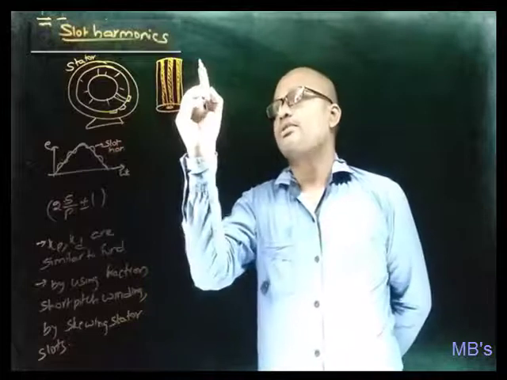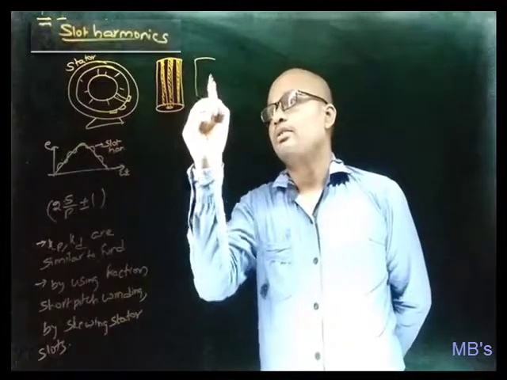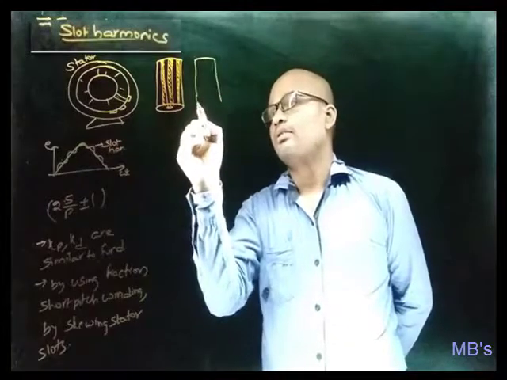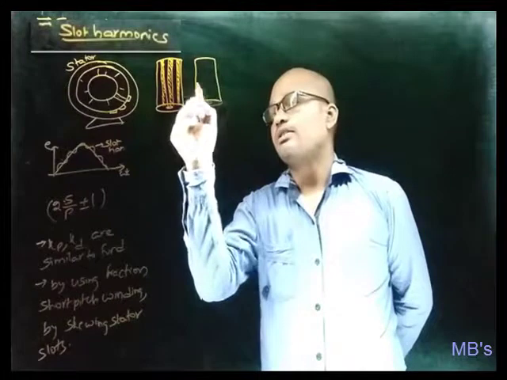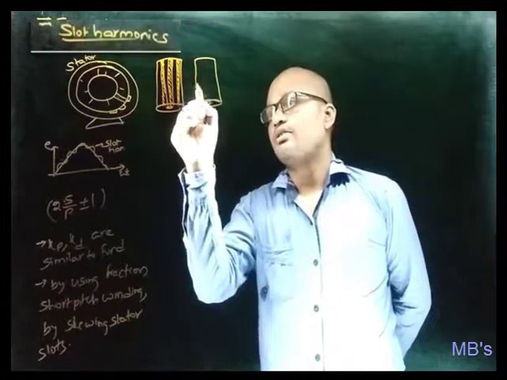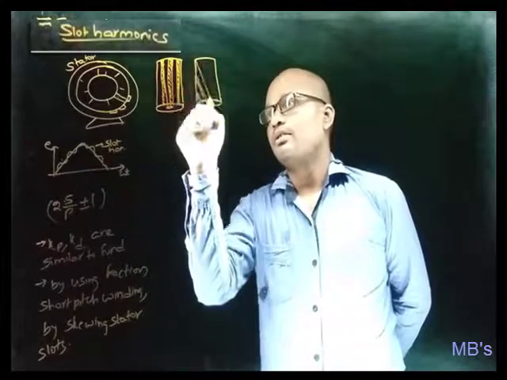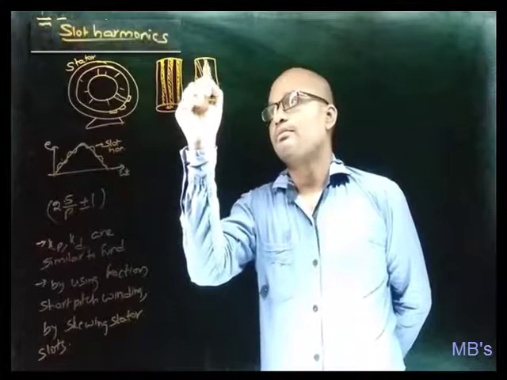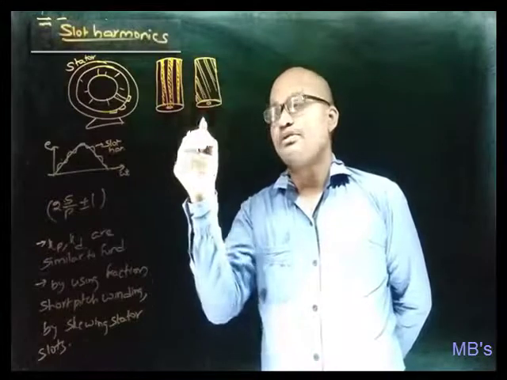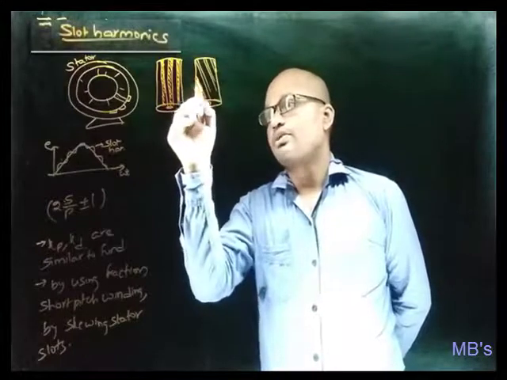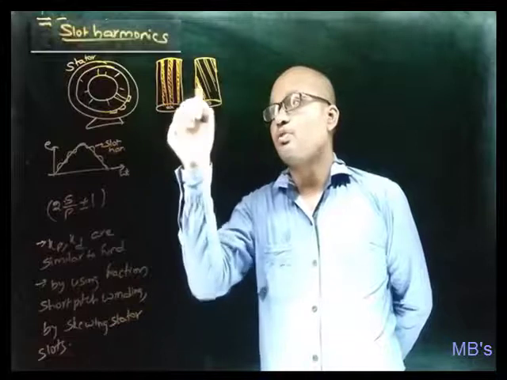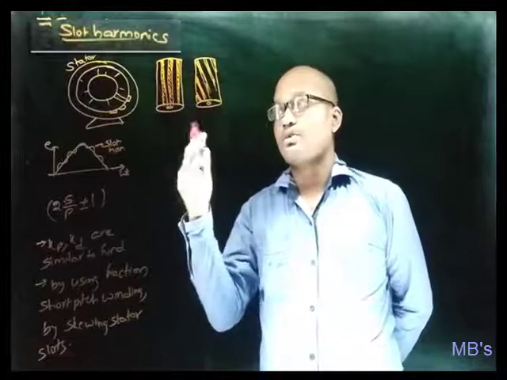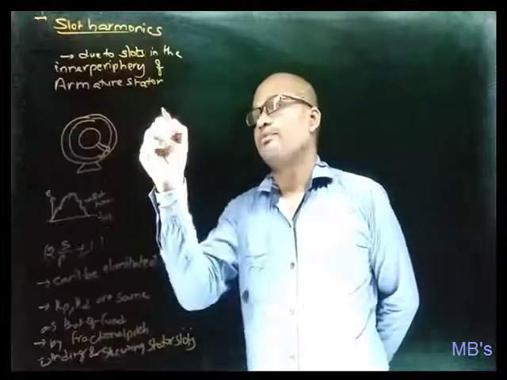And what skewing means, if you observe like this, from the inner periphery the slots will be like this, meaning they are skewed. So what is the purpose of skewing? To reduce the slot harmonics. Now let's discuss how slot harmonics are reduced.